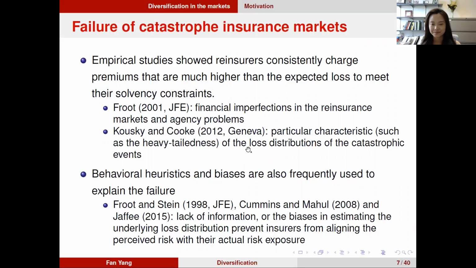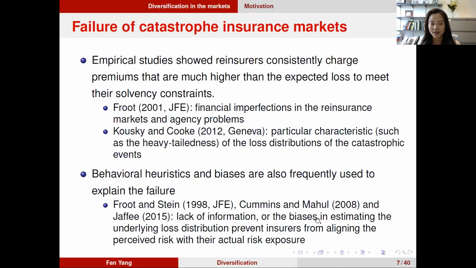And there are other explanations, such as lack of information, because we cannot always say we can estimate all the losses very well. After all, it's a catastrophe, so you cannot gather all the information.